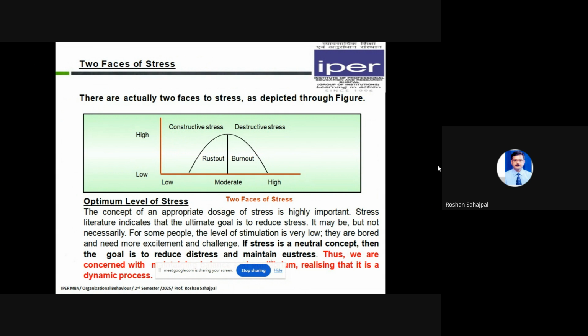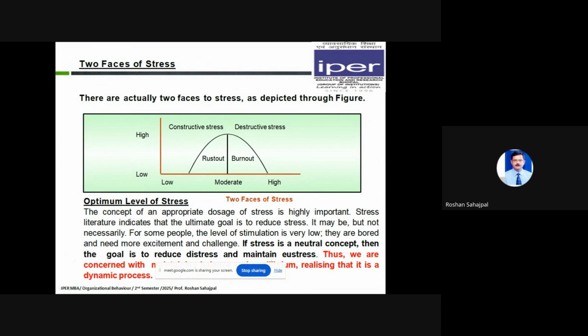But beyond that limit of optimum point, if you further continue to have stress, then that stress will be inclined towards negative stress. It will be called negative stress or distress or destructive stress, right? This negative stress, if it is prolonged over a period of time, might lead to something called burnout, right?